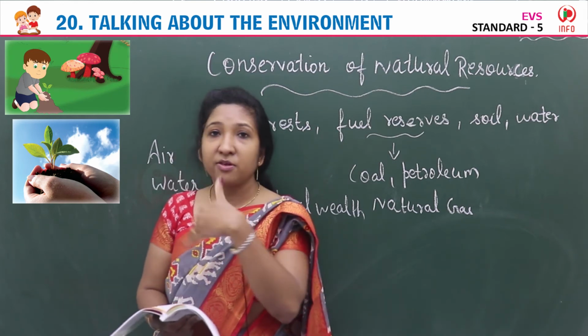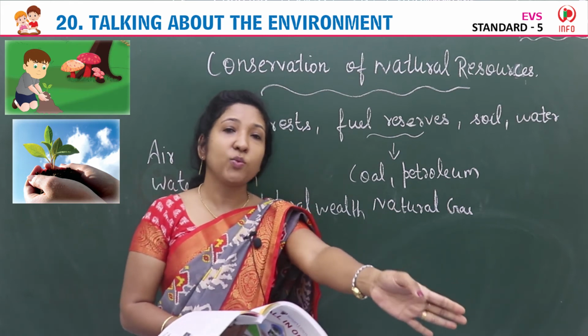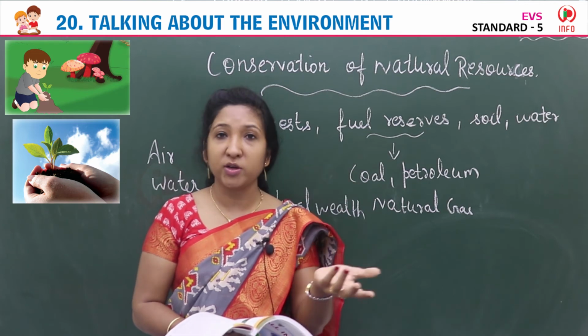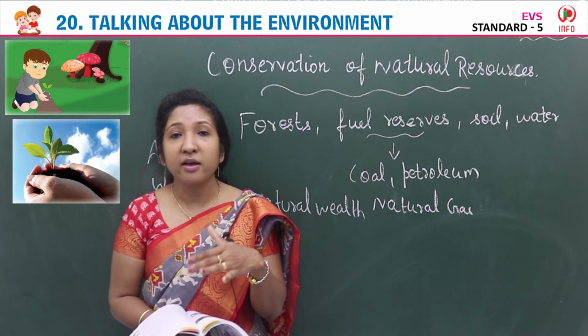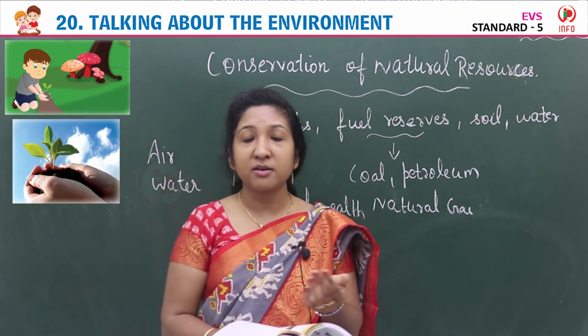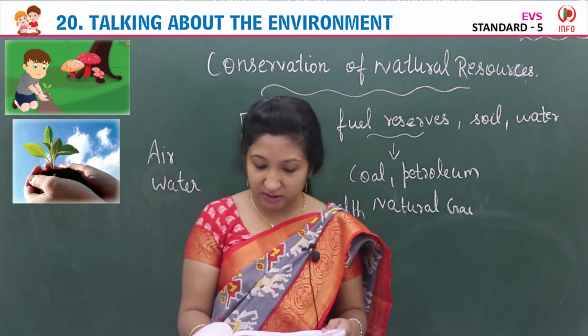Factories and industries directly let out waste into the rivers. This makes the water dirty, so try to avoid these situations. Human beings themselves are polluting the water; instead, don't do this kind of activity.